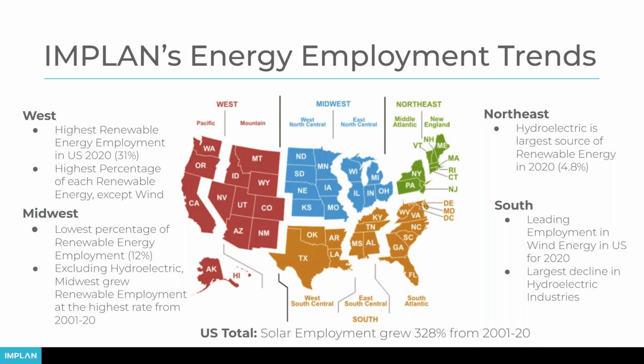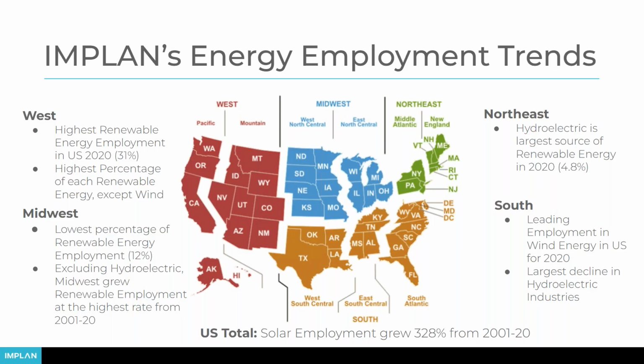So they have the highest in 2020, but that region also saw the largest decline in hydroelectric industries over the 20 years. Hydroelectricity, I should mention, overall lost 90% of employment across the US from 2001 to 2020.